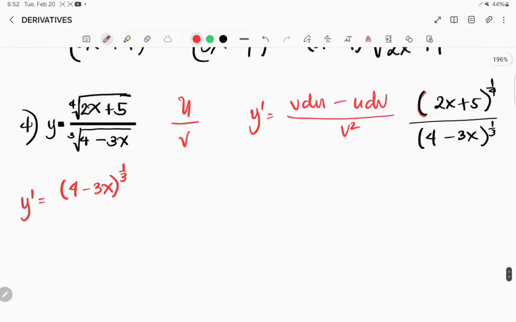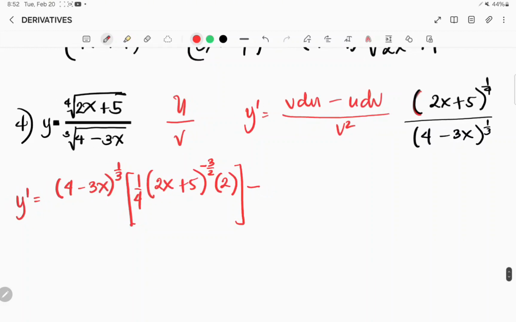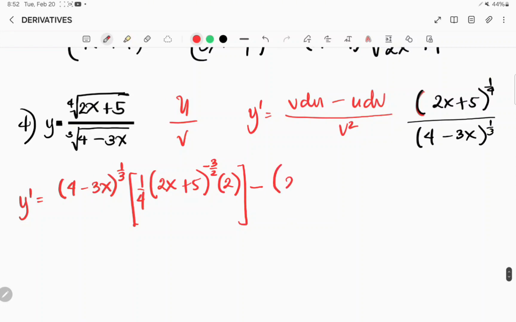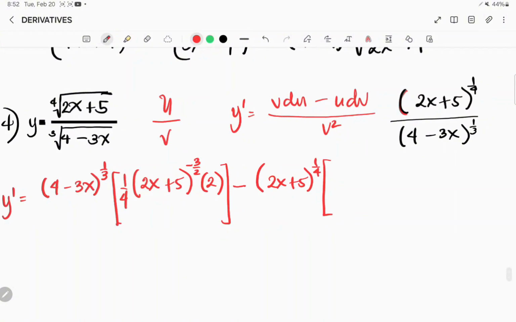Du is 1/4 times 2x plus 5 raised to 1/4 minus 1, which is negative 3 halves, times the derivative inside the quantity, which is 2, minus our u, which is 2x plus 5 raised to 1/4, times the derivative of v, which is 1/3. The derivative by general power rule is 1/3 times 4 minus 3x raised to negative 2/3.